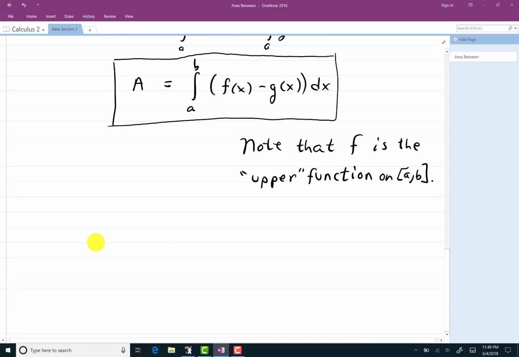So another thing, a lot of times students will forget which one is the upper function and which one's the lower function, or they'll just swap them, or they'll ignore it, whatever. You must remember this. This is a big note.